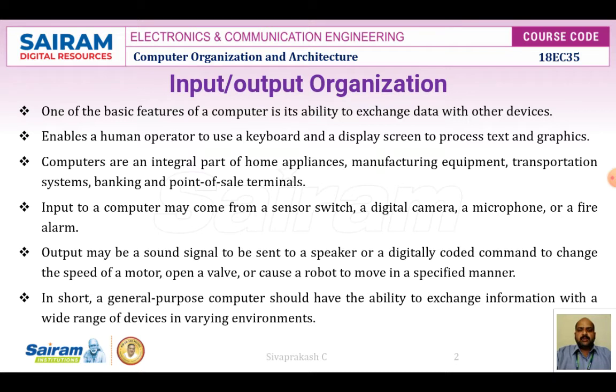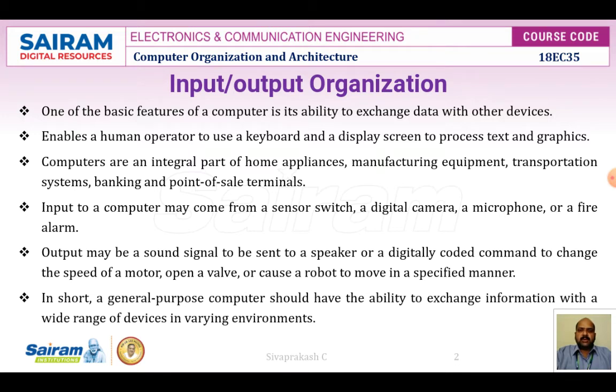Input to a computer may be from a sensor. It may be a sensor switch, a digital camera, a microphone, or a fire alarm system, etc. Output may be a sound signal sent to speakers, or a digitally coded command to change the speed of a motor, to open a valve, or to cause a movement in a specific manner.